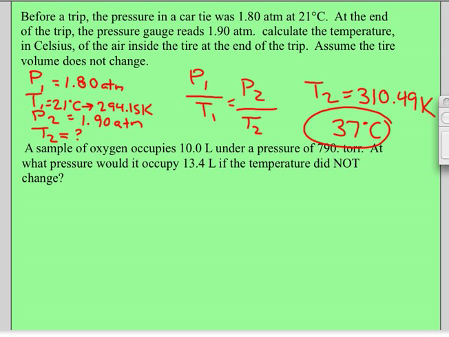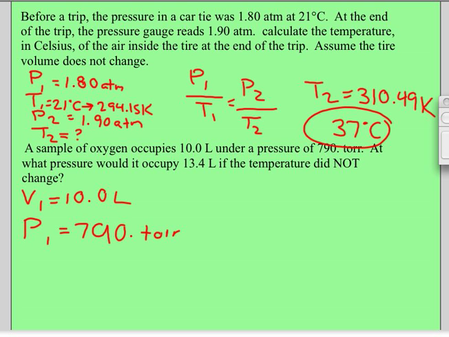All right, next one. We have a sample of oxygen. It occupies 10 liters. That's a volume, so that would be our V1. And it has 790 torr. So that's P1. And it says, what pressure would it occupy at 13.4 liters if the temperature did not change?